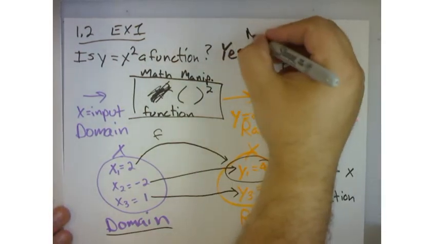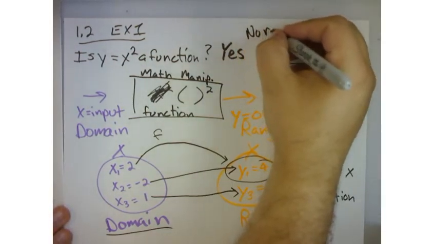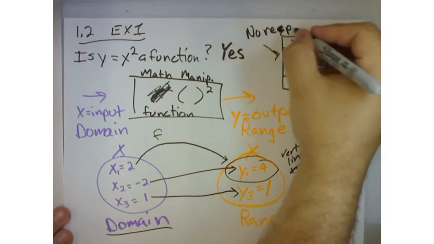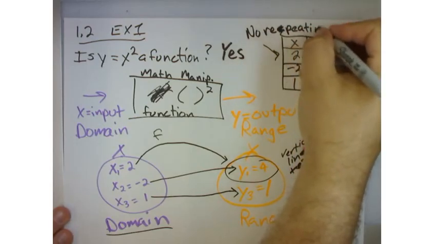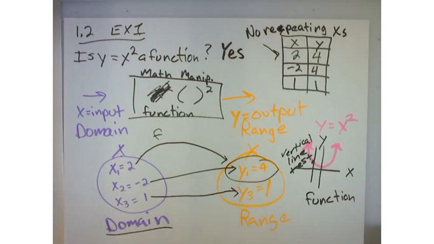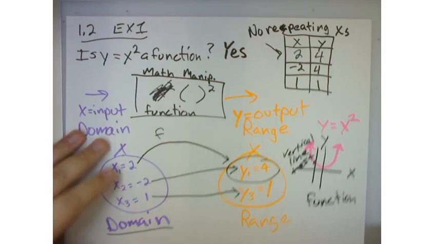Notice that in your table of values there are no repeating x's. There's only one 2. There's only one negative 2, and there's only one 1. Again, that only occurs when it's a function.